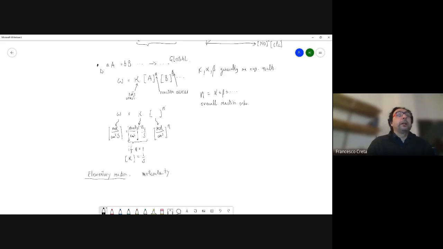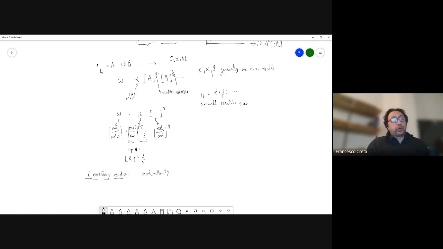But in general, if you have a global process like this, the rate of reaction you can write in terms of a rate constant, and then the product of all the molar concentrations to the power of these reaction orders. Generally speaking, we said that these reaction orders, alpha and beta, are not the same as the stoichiometric coefficients. Then we introduced the concept of the overall reaction order, which is simply the sum of these exponents.